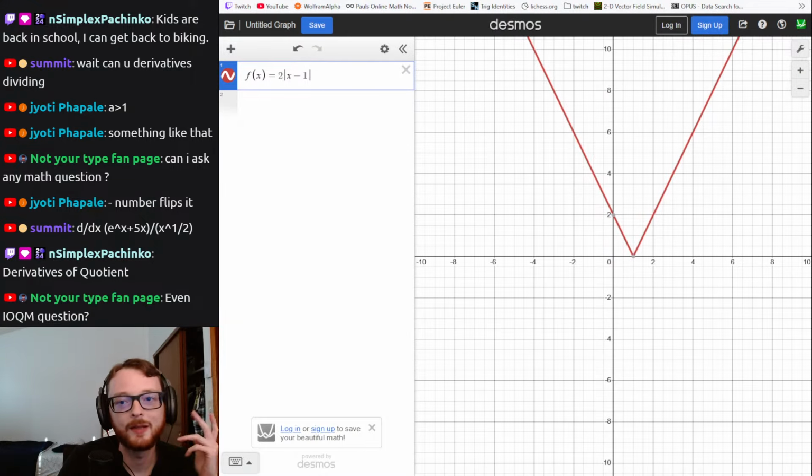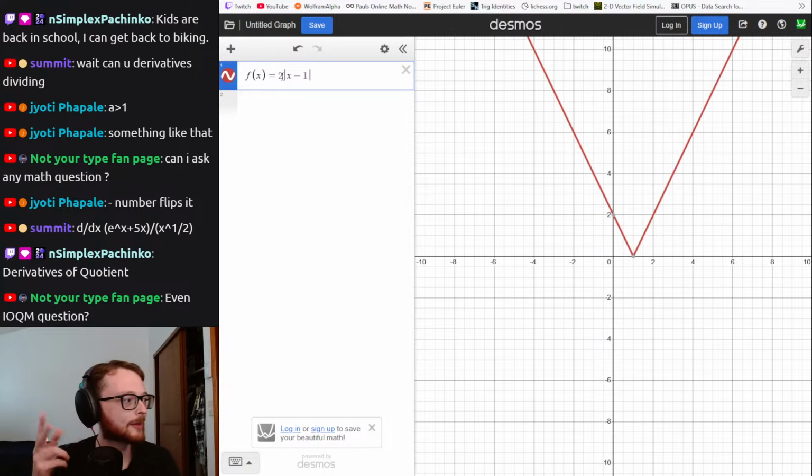Derivatives of a quotient. Yeah, that's right. And so that's also why the rules are different, that's why things get flipped. That's why this minus sign trips me up.